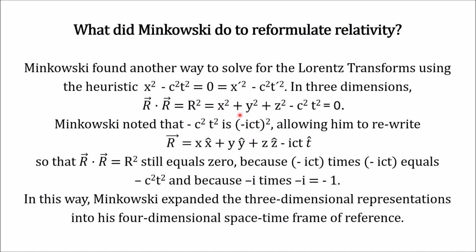So instead of x, y, z, he had x, y, z, and then an ict or a t component. So he made his famous four vector in the normal three dimensions, and then the fourth dimension being time. He was able to do this because when you multiply an imaginary times itself, you get -1 as a factor. So that's what he did.